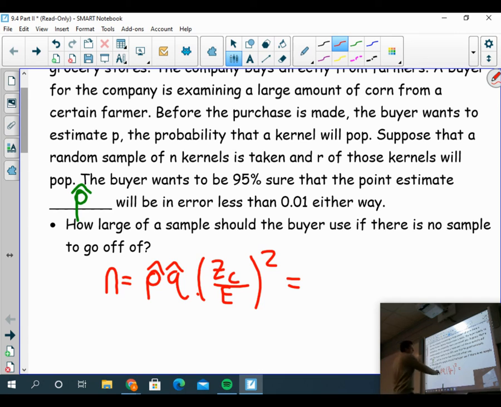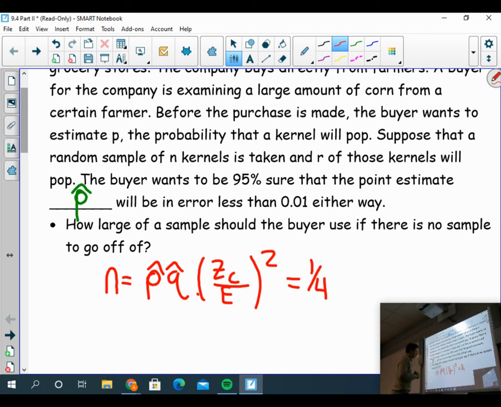We don't know p hat and q hat, since there is no sample data to go off of, so we assume p hat times q hat is 1/4. Again, this goes back to the highest value p hat times q hat could be being 1/4. We want to overestimate our sample size here.